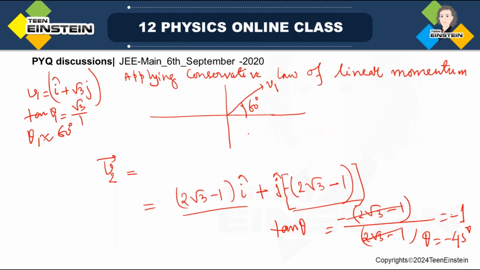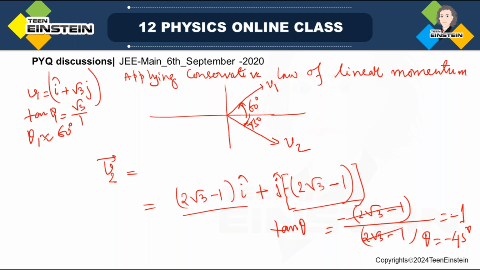Okay, minus 45 degree. So if I take all the angles this side positive, so negative will be this way. So this is 45 degree.